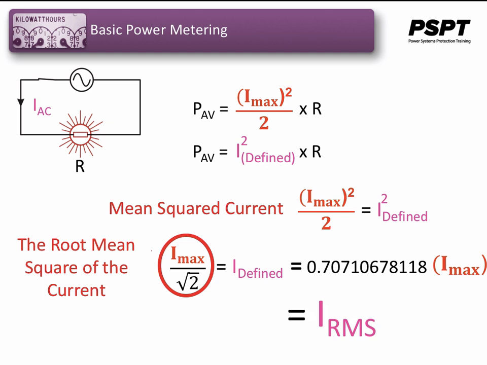In this case, we could take I max and multiply it by 0.707 and come up with the root mean squared. The root mean squared current can give us the average power consumption. And you'll see in later slides that when we use RMS values for current and for voltage, we can use them to calculate average power.